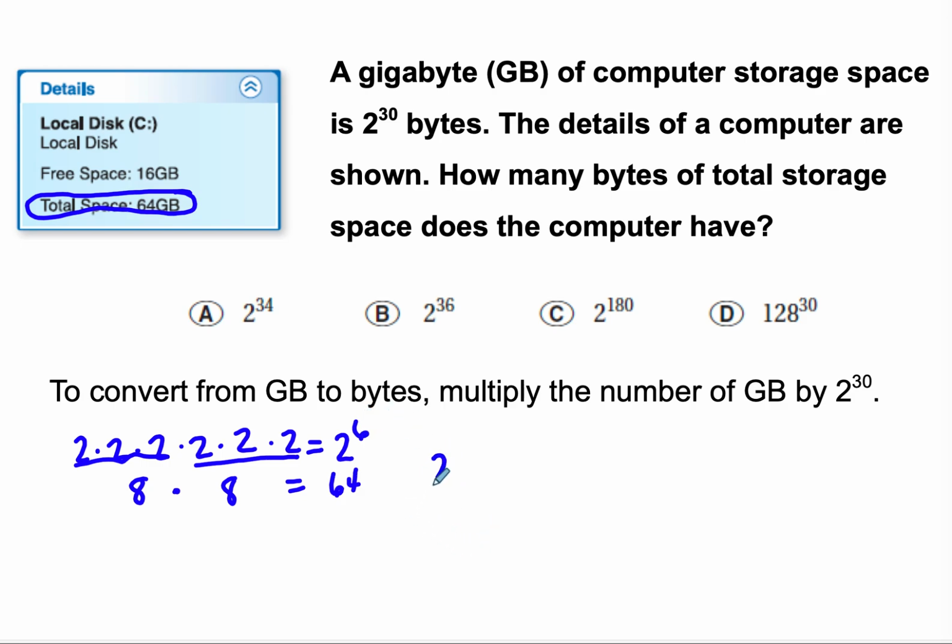Okay, so now I'm going to do 2 to the 6th power times 2 to the 30th power. Now that the bases are the same, we can add the exponent. So we'll have 2 to the 36th power. And then story problems have a label. So it's going to be bytes.